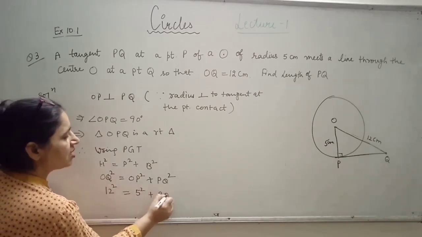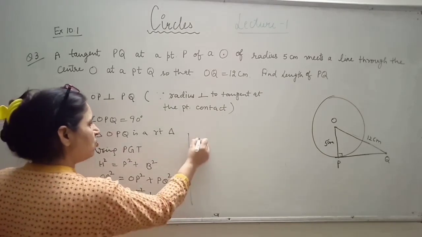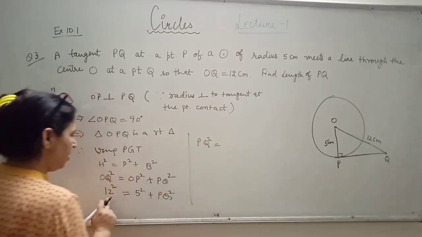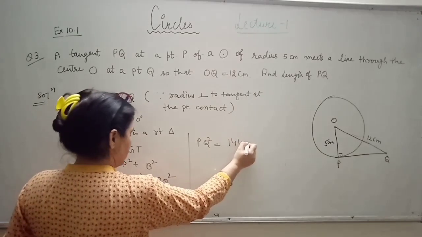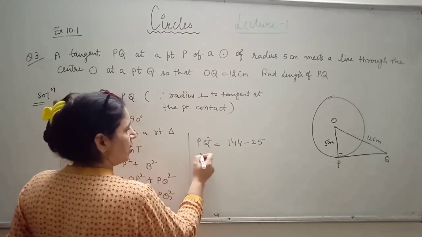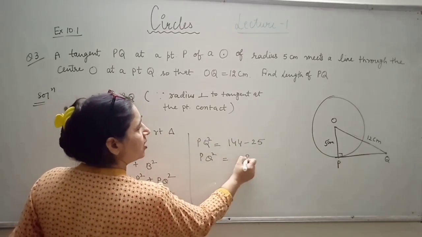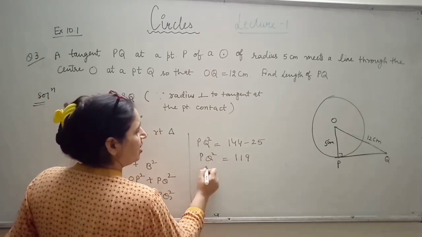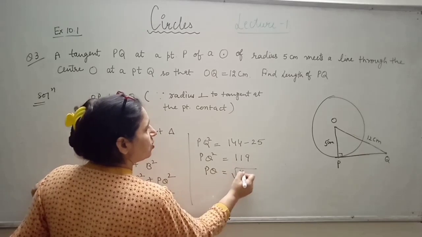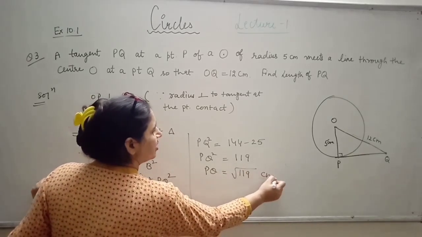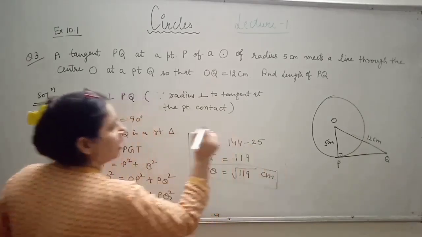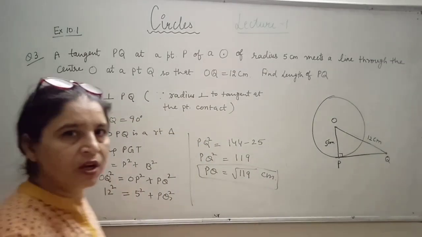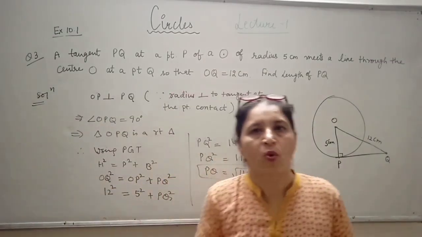Then what is PQ square? So PQ square, it would be 144 minus 25. So PQ square is equal to this 119. So PQ will be square root of 119 centimeter. This is your answer. So with this question, this exercise 10.1 is over.